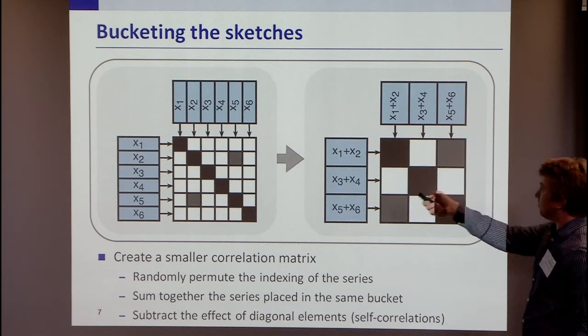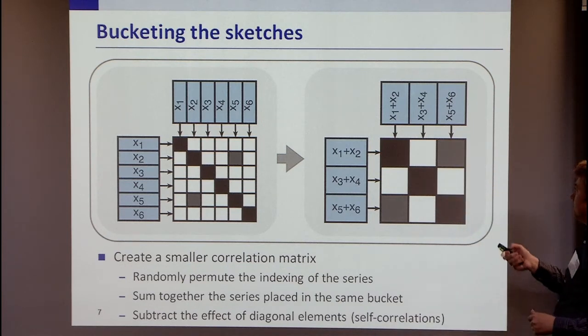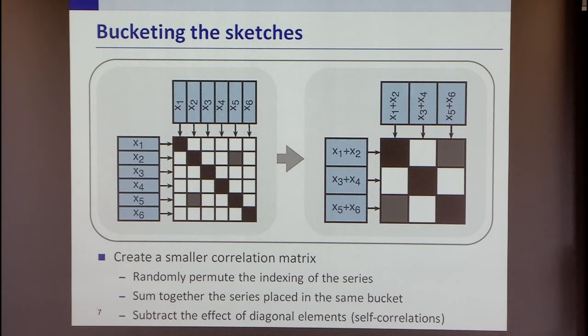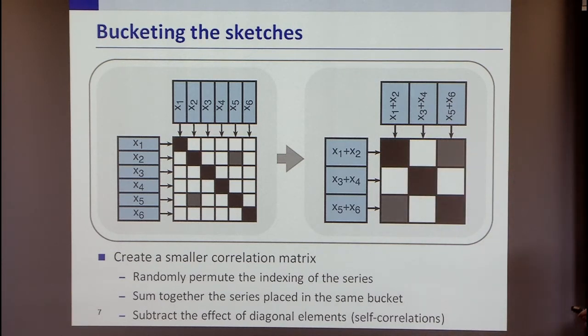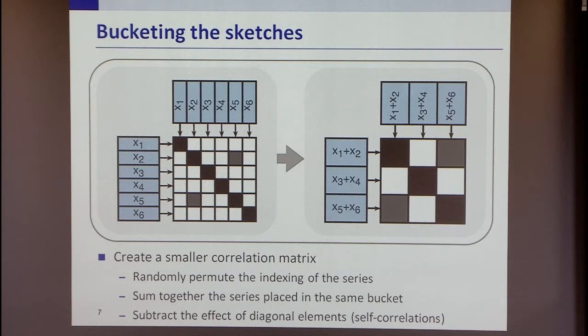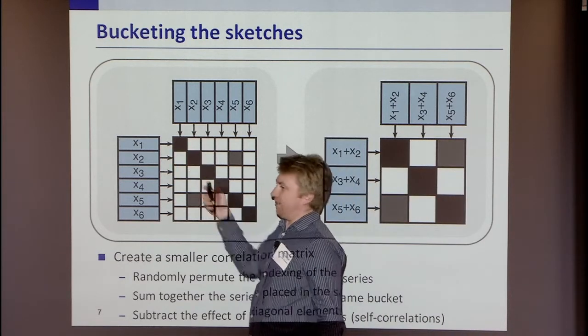The fact that there's essentially zero correlation between 1 and 5, 2 and 6, 1 and 6 doesn't hide this, and we don't find any additional spurious correlations. And the trivial correlations on the leading diagonal we can predict exactly and just subtract off the contribution, relying on the fact that everything we're doing is linear.